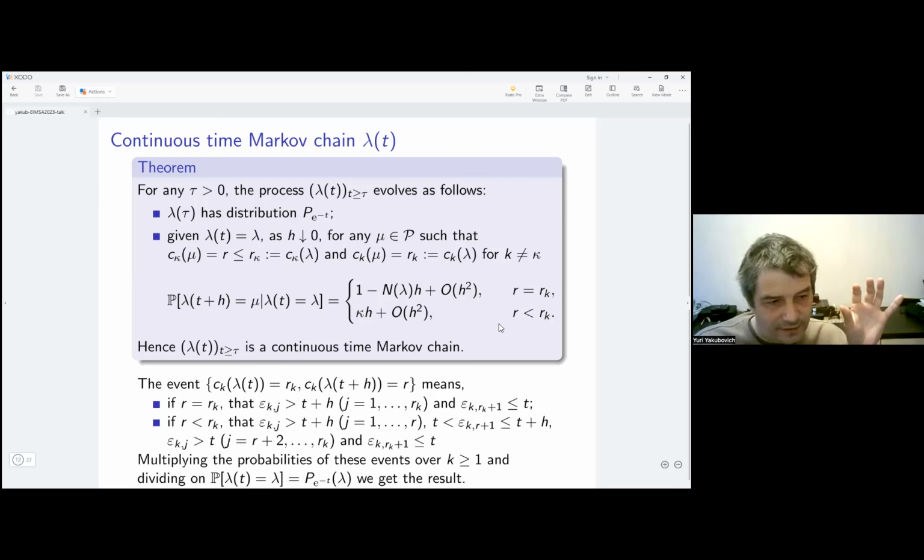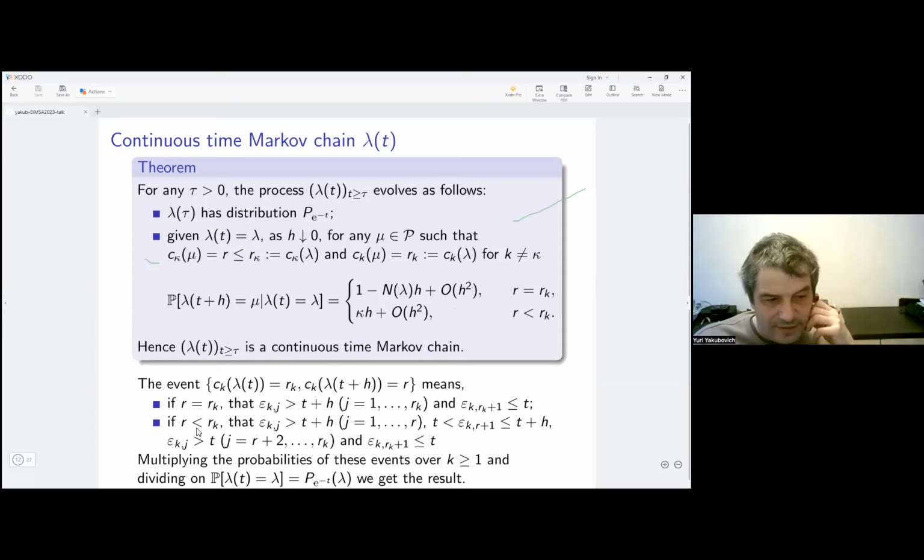Sorry, here it also should be not r k but r kappa, this kappa. So if lambda is mu, then it means that no changes have been made between t and t plus h, and we can easily see that this happens with this probability.